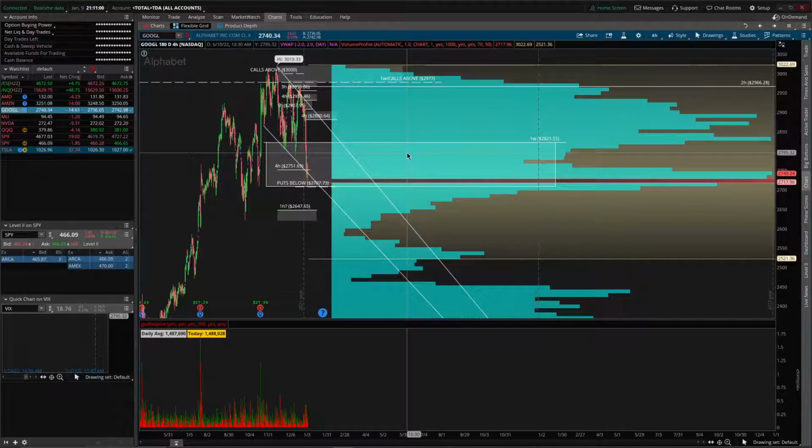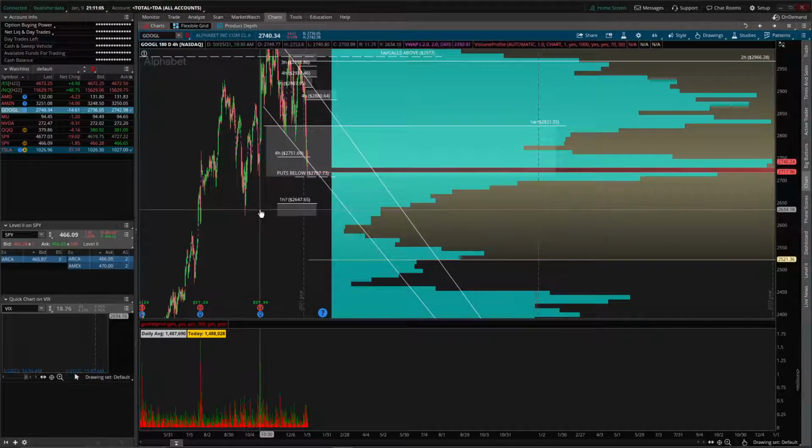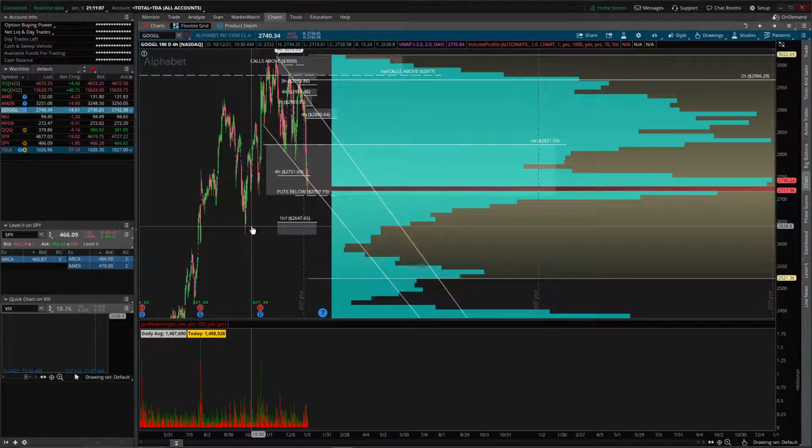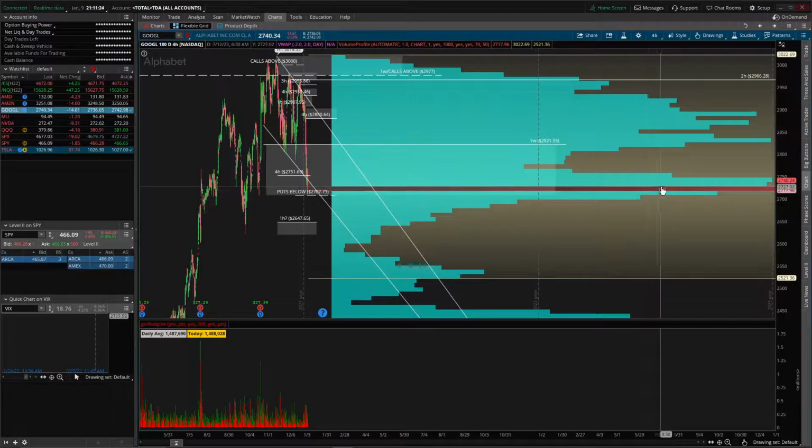So the way I like to use the volume profile in conjunction with the supply and demand zones is I like to check where the zone may end or may start, depending on which way I'm going to play this. For example, Google here, in this volume profile on this 4 hour, we have this point of control, which is basically where you find the most shares traded, the most volume.